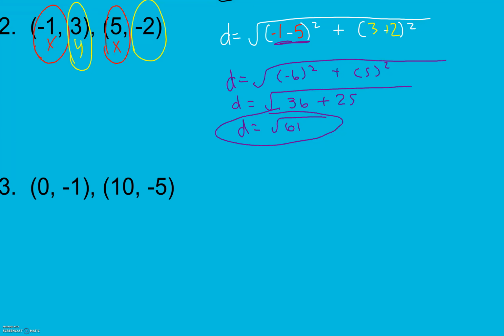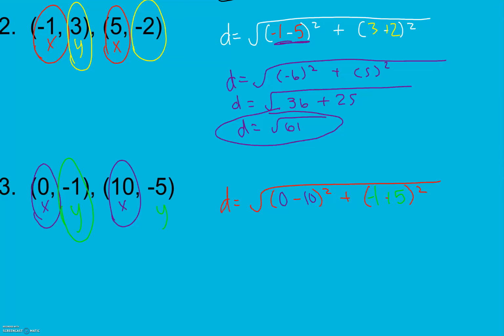For 3 here, start off with our formula. And our framework again is a square root where we subtract our x's and add to it, subtracting our y's. X's are our first coordinates, so 0 minus 10. Y's are my second coordinates, -1 minus -5.